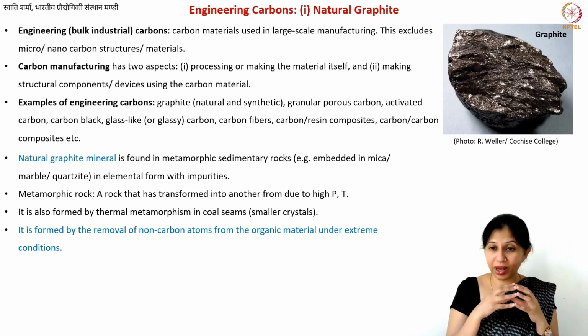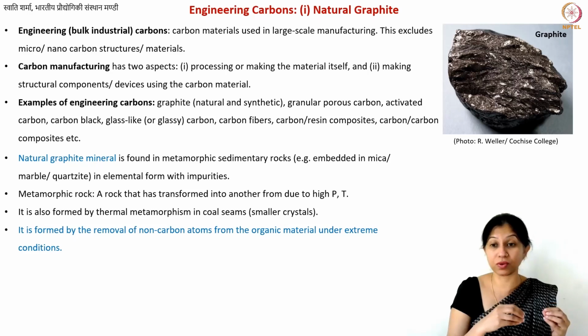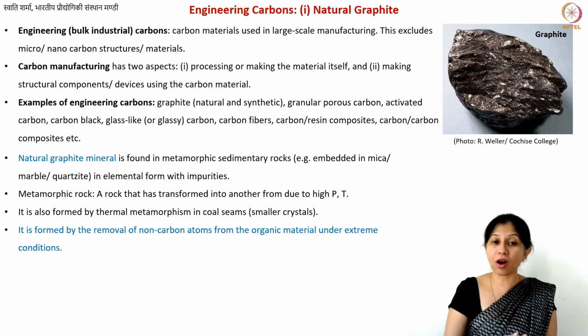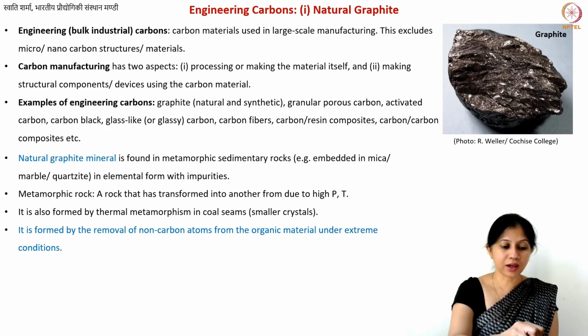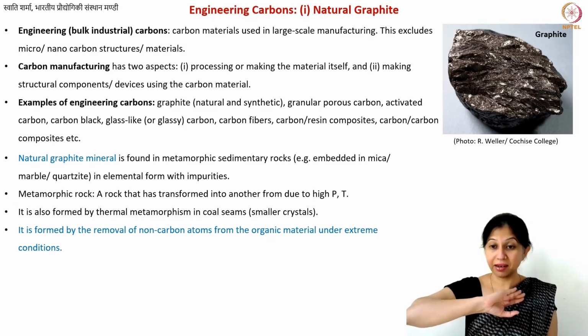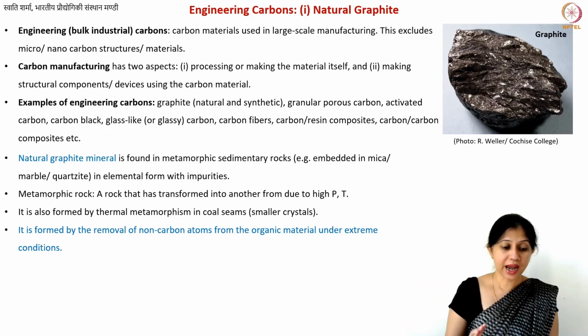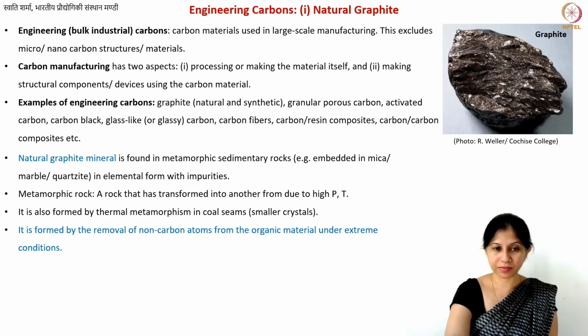We'll learn about all of these things in future lectures. We'll talk about which polymer will give you which type of carbon, for example. But ultimately, what has to happen is the non-carbon atoms from your organic material need to cleave and leave. After that, whatever is left is your carbon, and now these carbon materials can be in different forms, graphite being one of them.